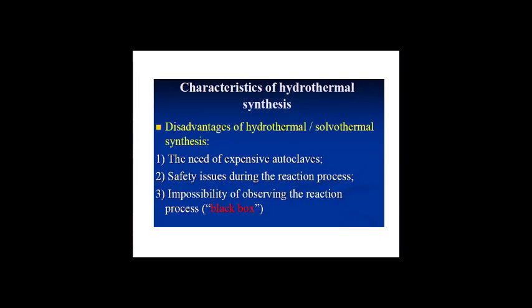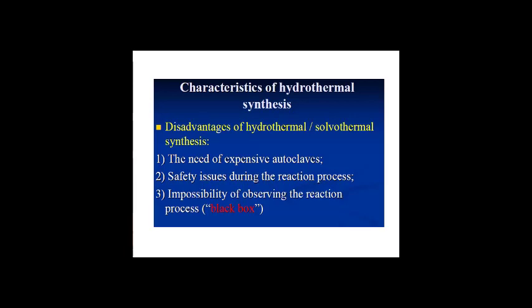Next are the disadvantages of hydrothermal or solvothermal synthesis. The main and biggest disadvantage is the need of expensive autoclaves. These are very simple autoclaves which I have shown you in previous lectures as examples. If we want to synthesize more complex materials, then we need more complex autoclaves, which are very expensive.